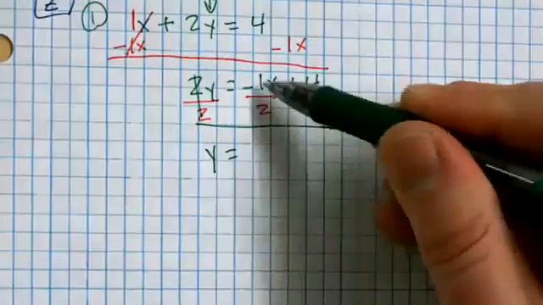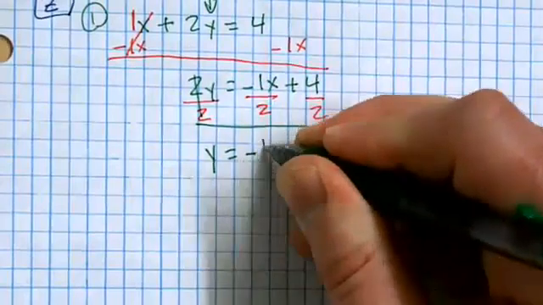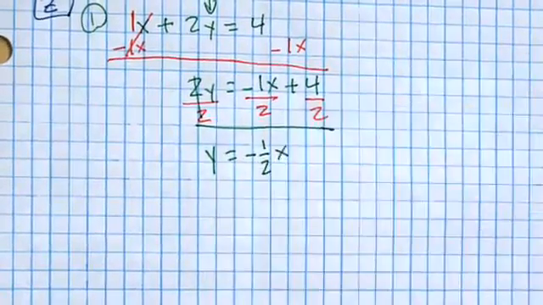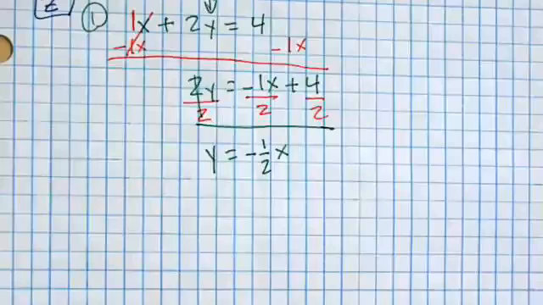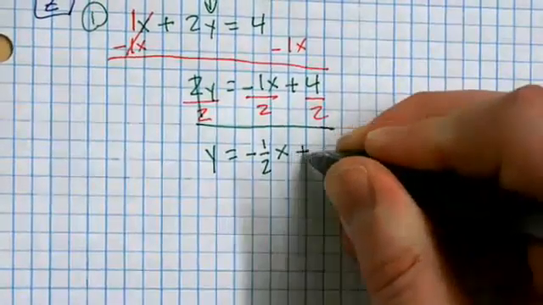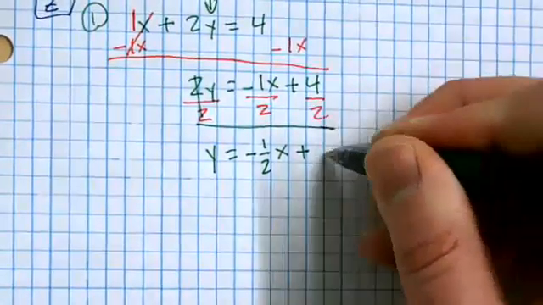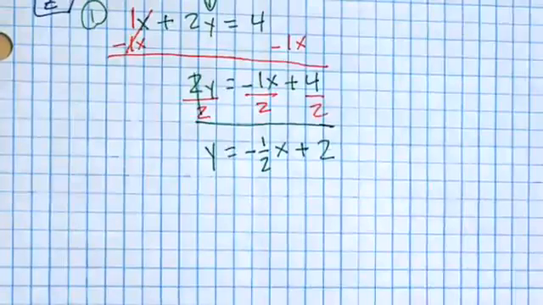This is going to turn into a fraction, this negative 1 over 2. I'm going to write it as a fraction, and I'm going to put it in front of my x. That's negative 1/2 x plus, what is 4 divided by 2? 2. Now it's in the right format.